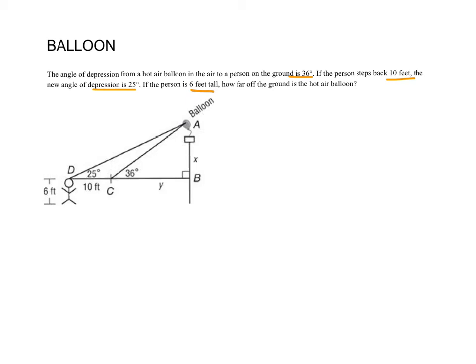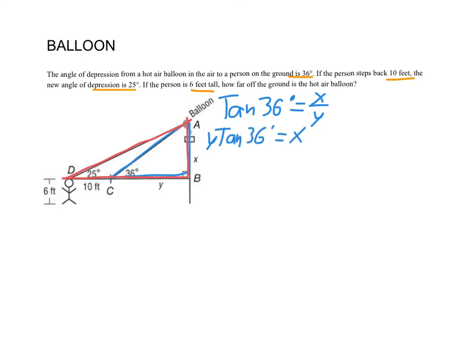So again, we have two triangles, our ABC triangle and our ABD triangle. We're going to follow the same rules to write our equations. The tangent of 36 degrees is equal to my opposite of x divided by my adjacent of y, which I can rewrite as y times the tangent of 36 is equal to x.